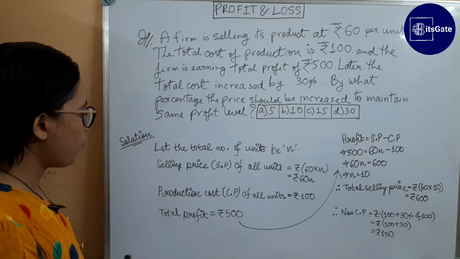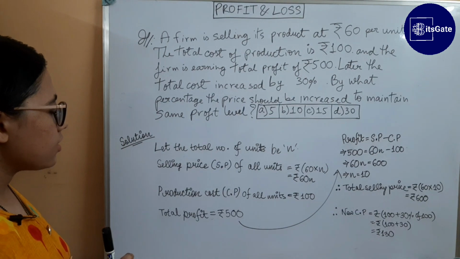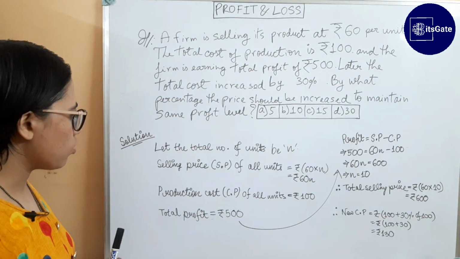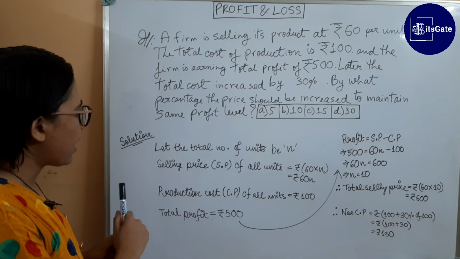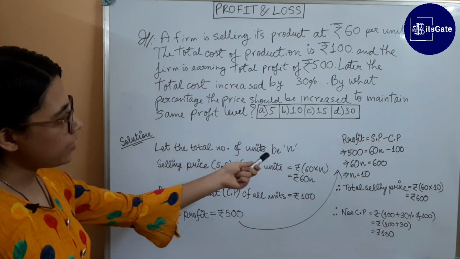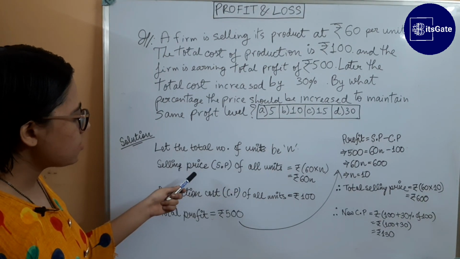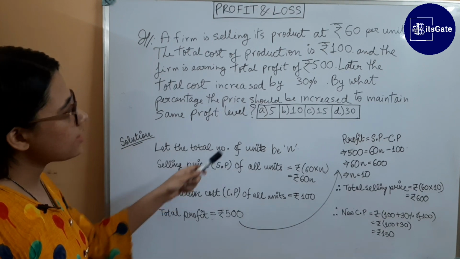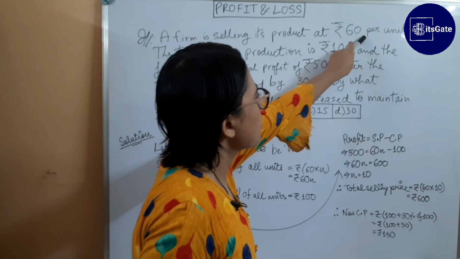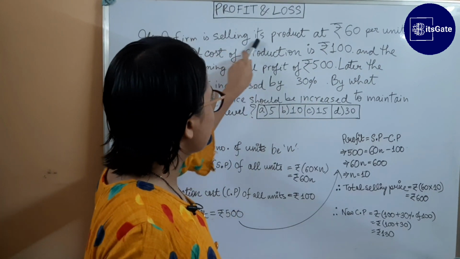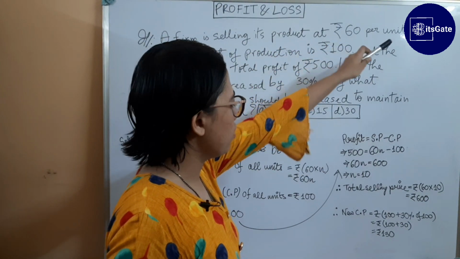Firstly, in this problem, we are not given how many units are to be sold. So we assume that the total number of units be n. So we are given that the selling price of one unit is rupees 60. It's rupees 60 per unit.